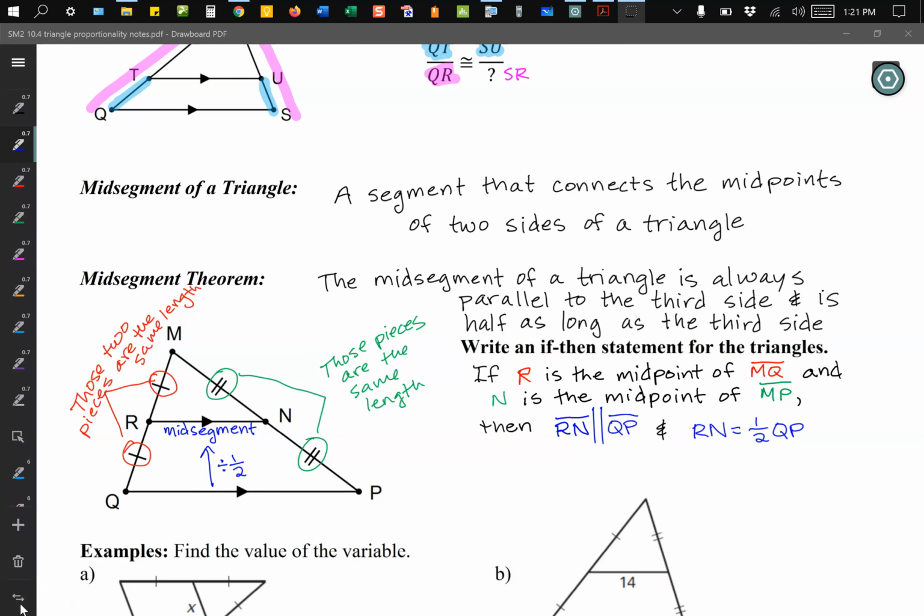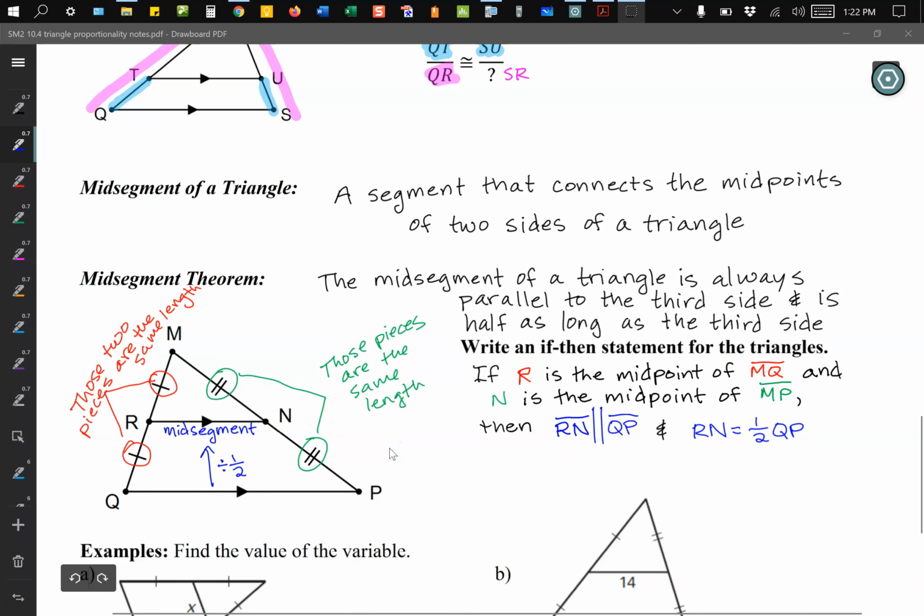The midsegment of a triangle is always parallel to the third side. So there's your parallel marks, and is half as long as the third side. So I've written this divided by 1/2 here to show you that you would take this side and divide by 1/2 to figure out how long the midsegment is.